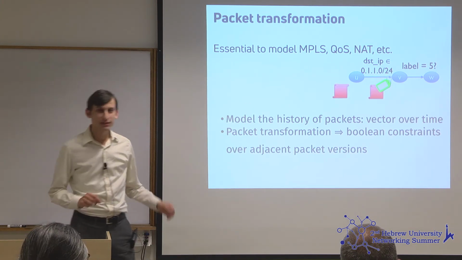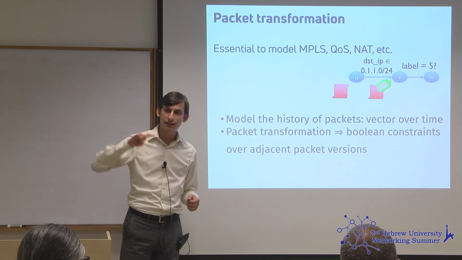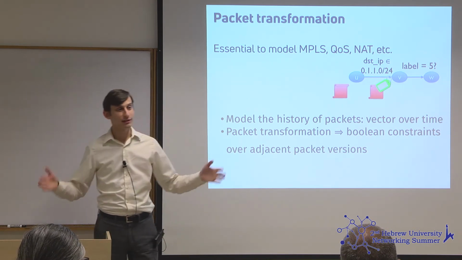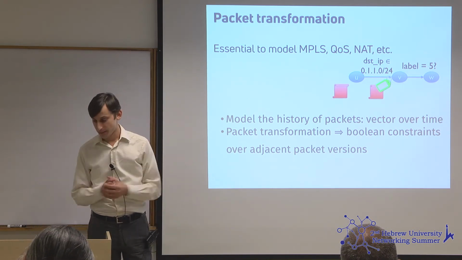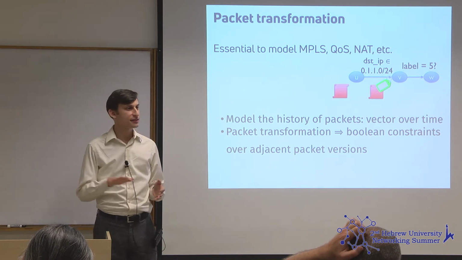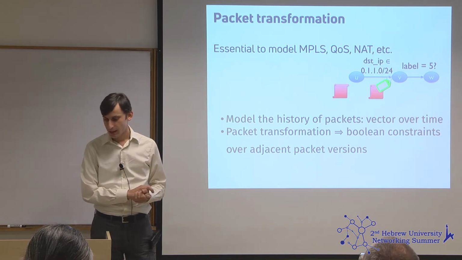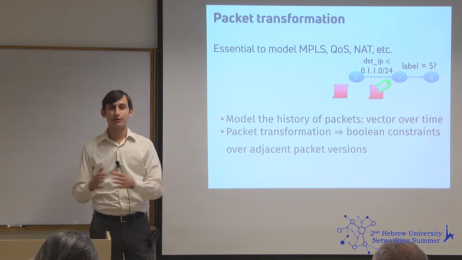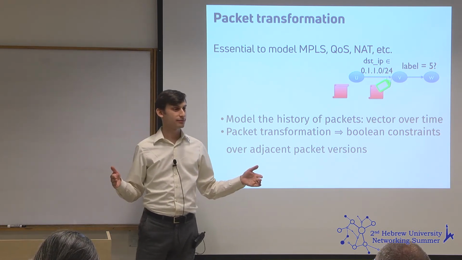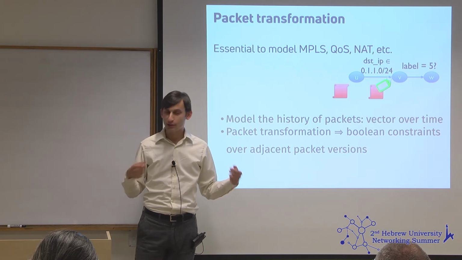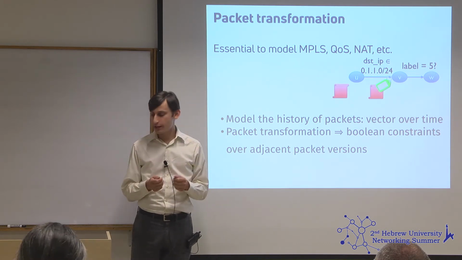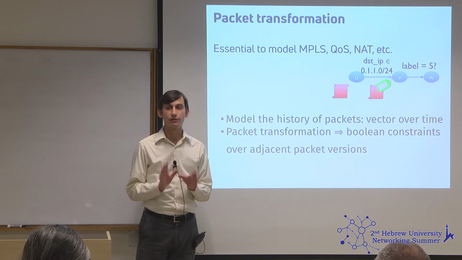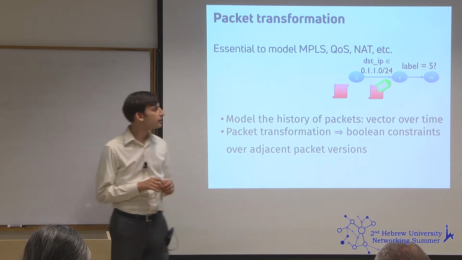So what we do is we model the history of packets. Rather than a single packet, we now have a vector of variables, which is the packet's history across time. And now you can think about it again as variables that aren't modified. A transformation then is going to be a constraint over successive adjacent versions of the packet header.